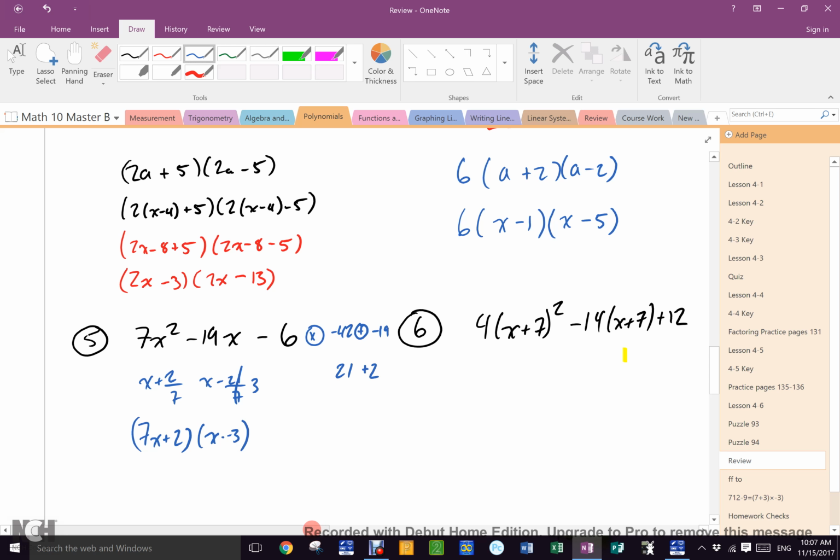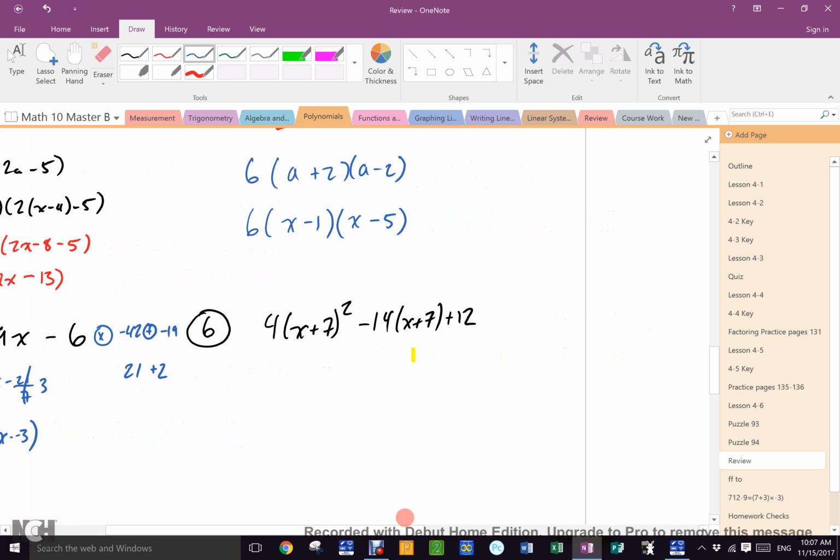Okay. And 6 is about the hardest question I can give you in factoring in the 10th grade. Because there's a number out in front, right? And it's GCFable. And it's a binomial there instead of a single letter.